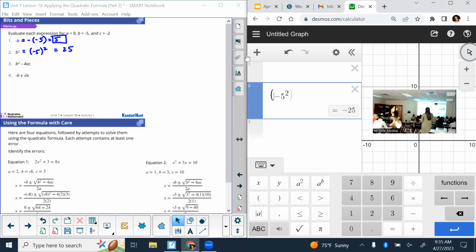So that's why you have to put the parentheses to show we want the -5 to be squared, and then it'll give you the right answer. So that's why I've been stressing that all year. It's for these problems. So yes, it has to be a +25 for number 2. Good.